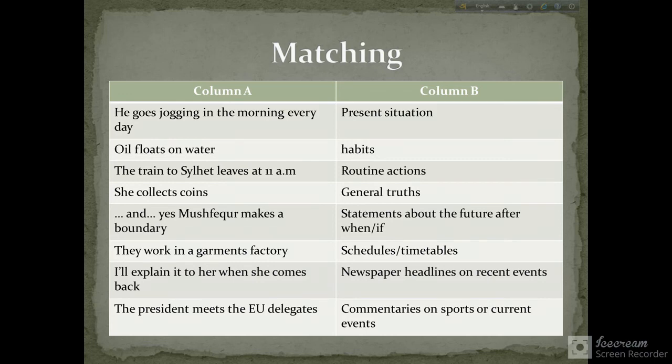So we are repeating column B here for you, friends. Present situation, habits, routine actions, general truths, statements about the future after, when or if, schedules or timetables, newspaper headlines on recent events, commentaries on sports or current events.